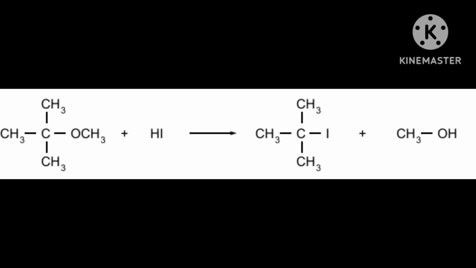Why does this happen? It is because in step 2 of the reaction, the leaving group departs, meaning OH and CH3, methyl alcohol, is forming. Then this departure creates a more stable carbocation.